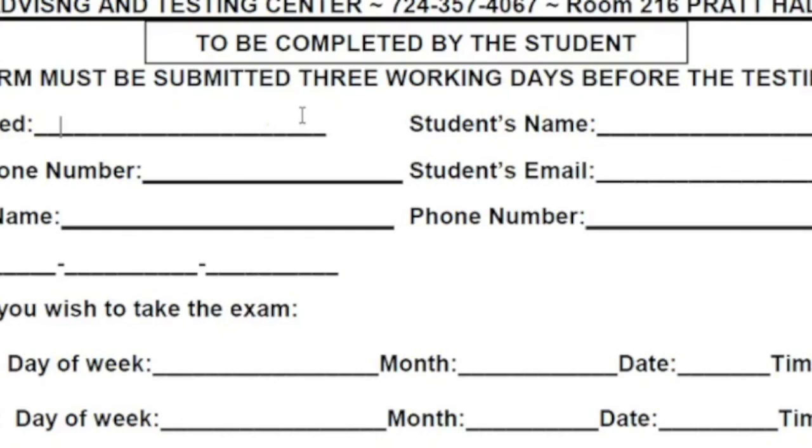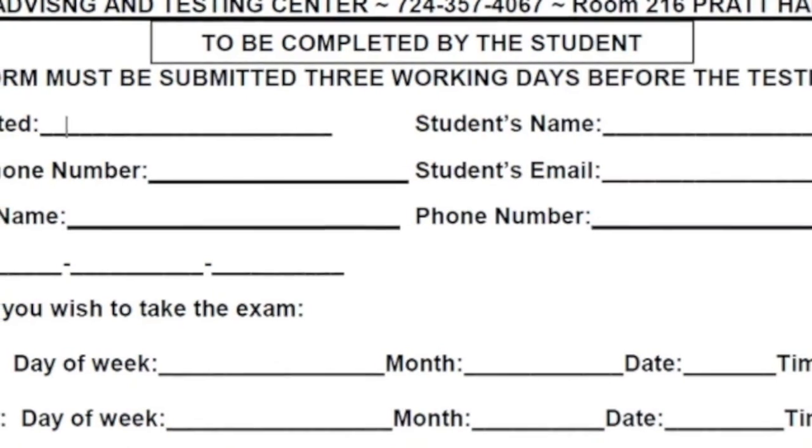Today would be October 8th, 2011. And then you would fill in the rest of the information: the student's name, student's email, student's phone number, the instructor who you were going to take the test with, their phone number if you have it, and the class for your information. Then the professor fills out the rest.